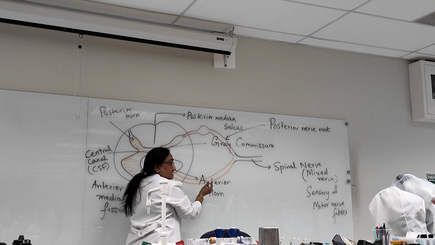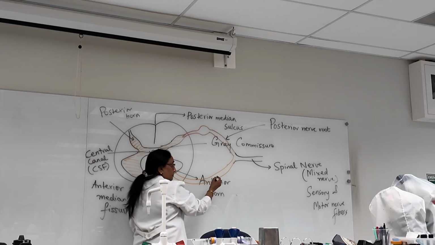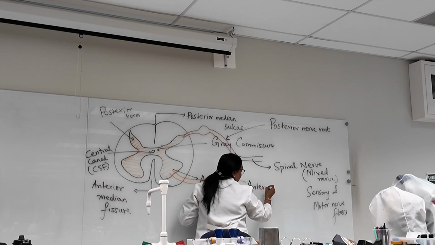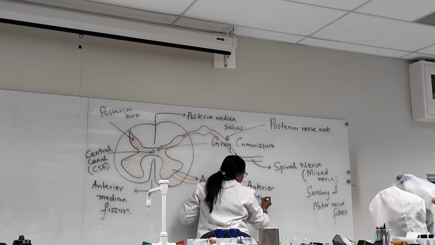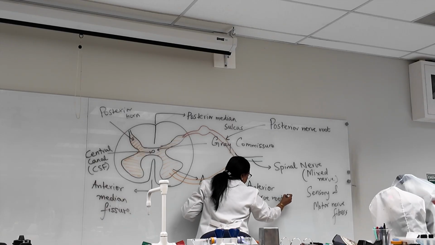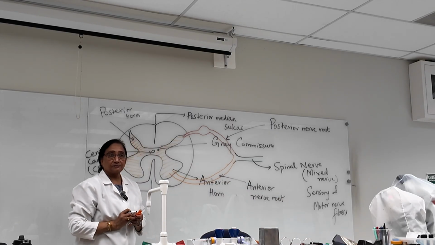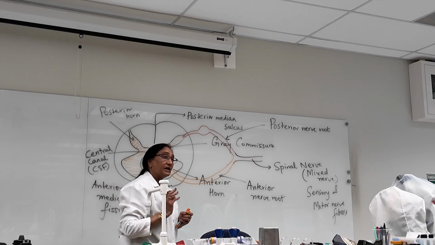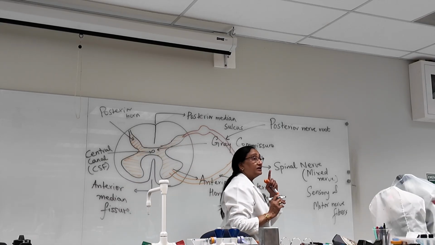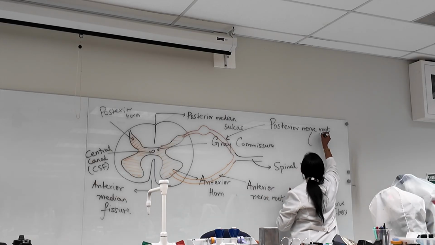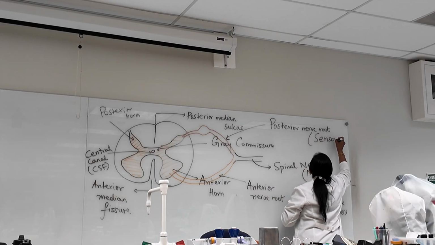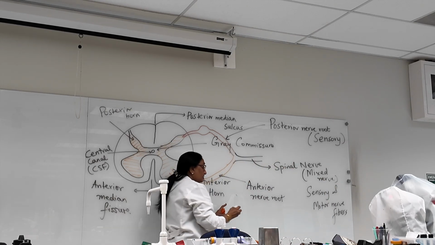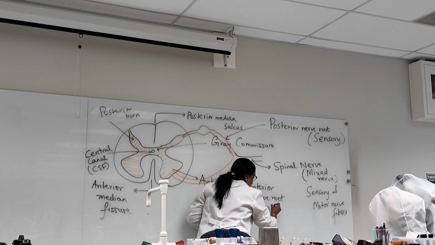The one that is in the front of the spinal cord is called the anterior nerve root. Now the rule is, in the spinal cord, posterior nerve root is always sensory. Anterior nerve root is always motor.